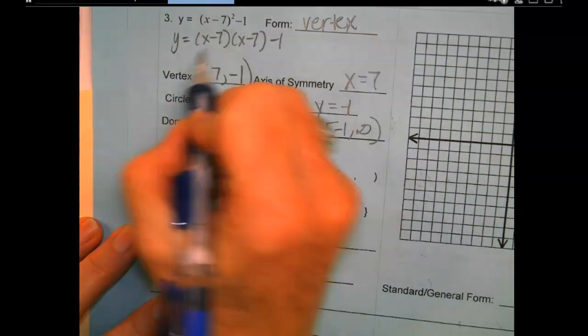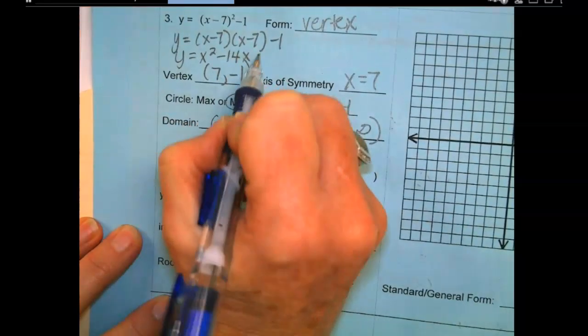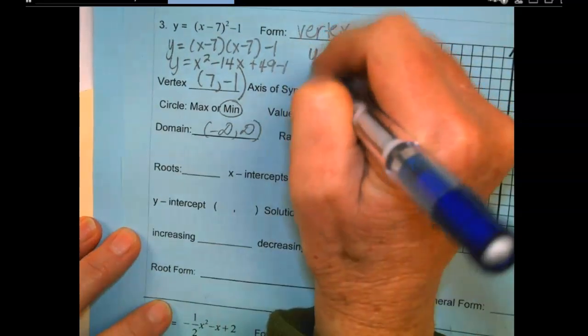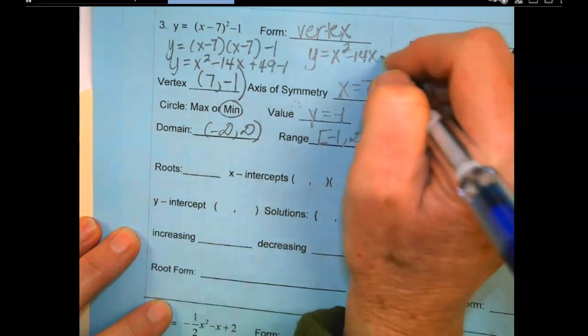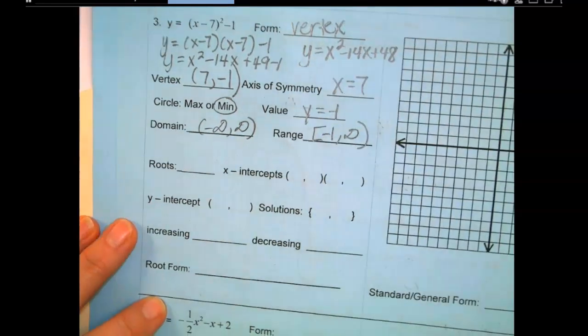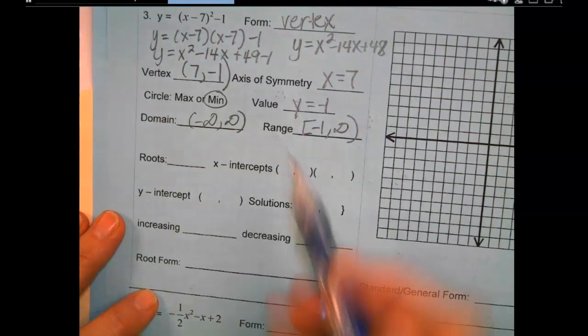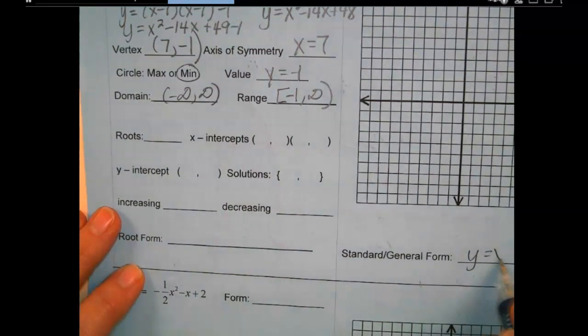So if I multiply, I get x squared minus 14x plus 49 minus 1, which is going to give me y equals x squared minus 14x plus 48. And just for the record, what form is that? Standard.